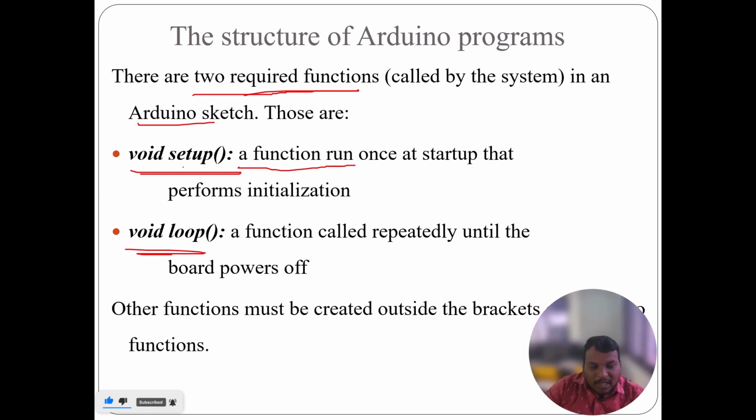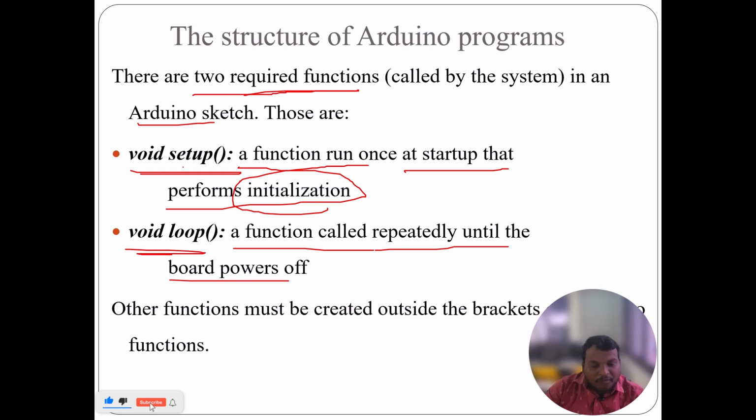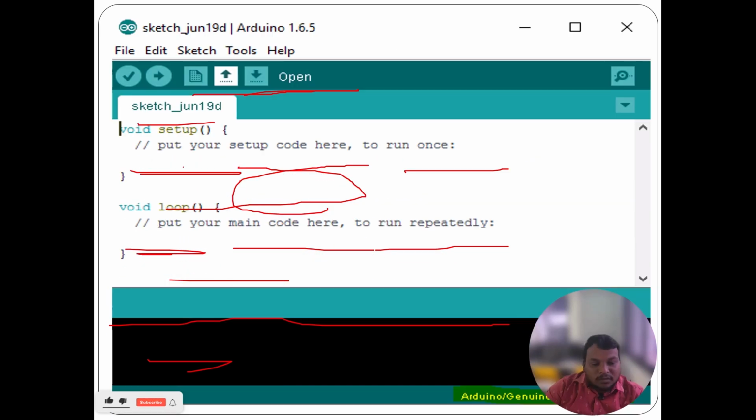A function that runs once at the start of the program and performs initialization. What is void loop? A function called repeatedly until the board is powered off. So other functions must be created outside of the brackets of these functions, because this is void setup and this one is void loop.